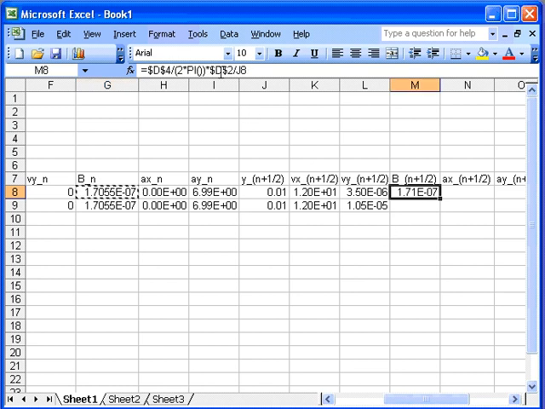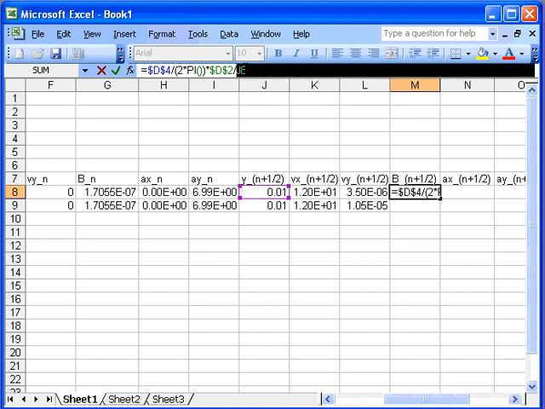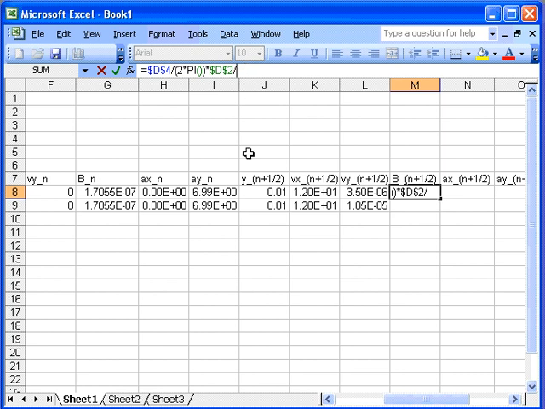Control V, except for this last thing right here. Instead of J8, I need it to be, actually it is J8. Yn plus a half.